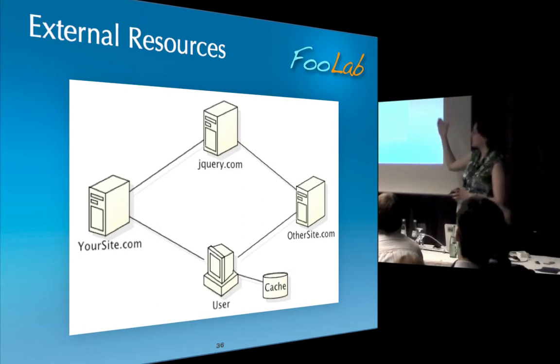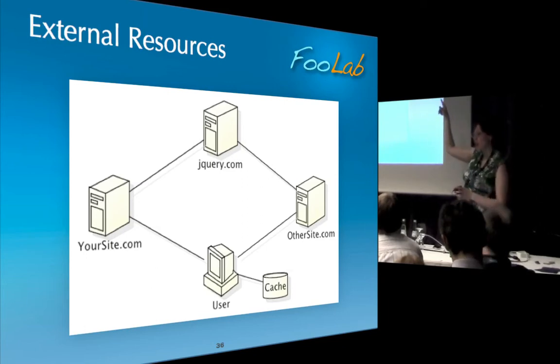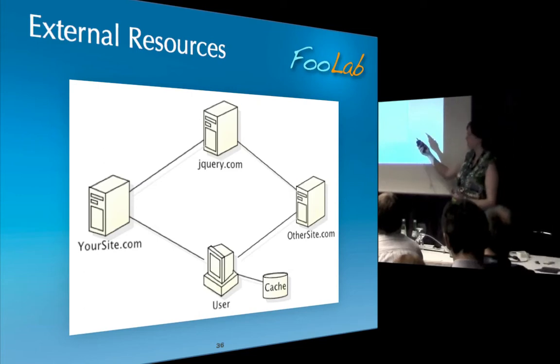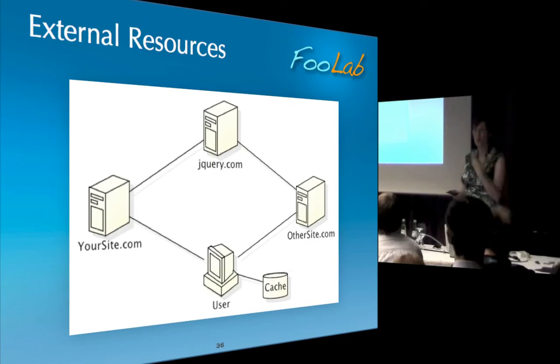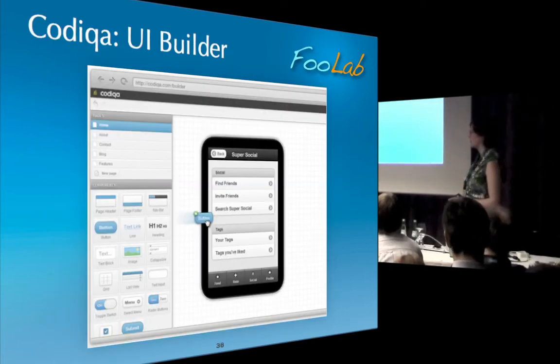Once they go to that website, the jQuery will be cached because it's from jQuery.com. And then when they go to your website, it's going to try to access the exact same resource, not your local copy, and it will already be loaded in the cache. So your own website will, as a result, benefit from that cache and will load much faster. The only thing that will really load is your own images and your own HTML.